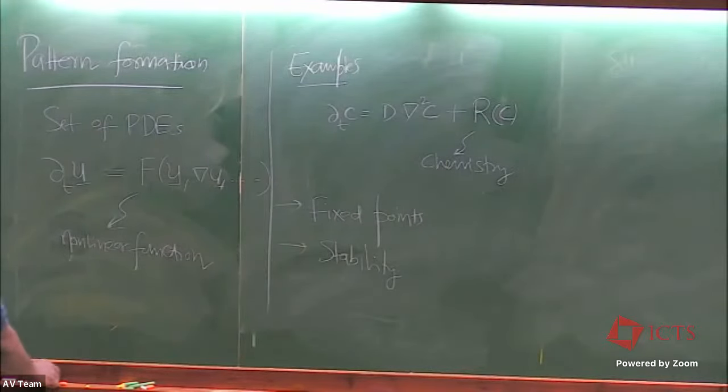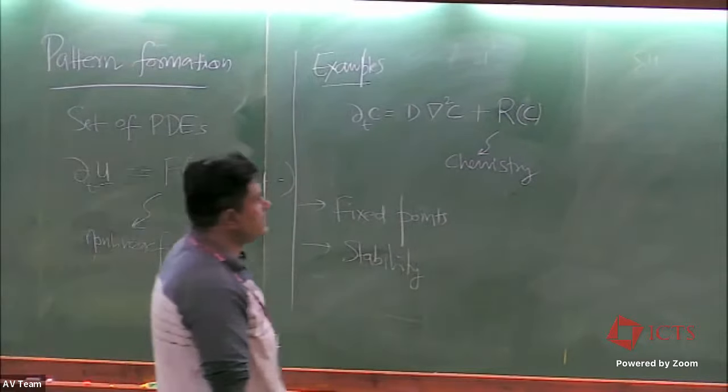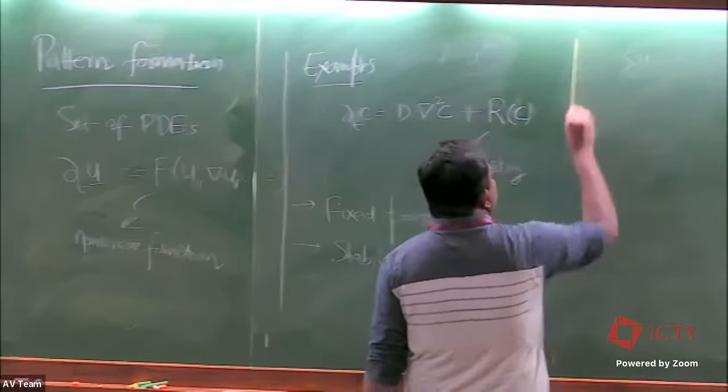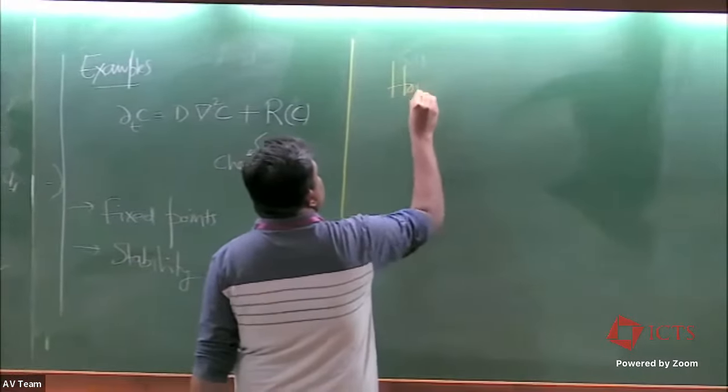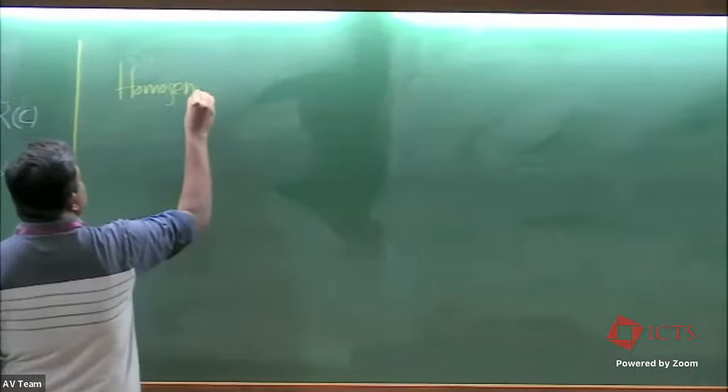In general, we don't know how to do much beyond this. There are very few examples where you can solve those equations exactly. And so usually, this is what is typically the case. What you look for are homogeneous fixed points or homogeneous steady states.